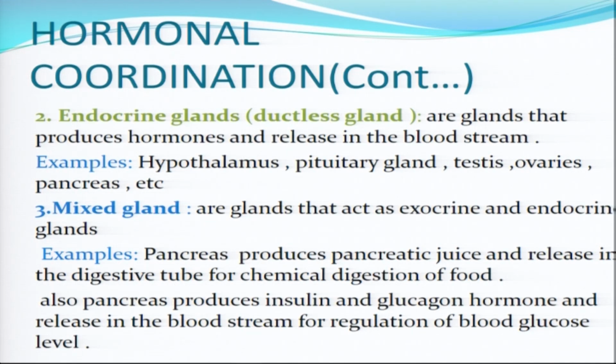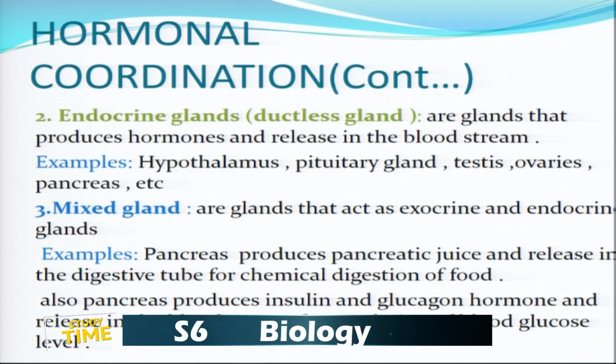Because it secretes a substance into the pancreatic duct. Actually, the substance which is secreted is pancreatic juice. This pancreatic juice is released into the digestive tube for the chemical digestion.